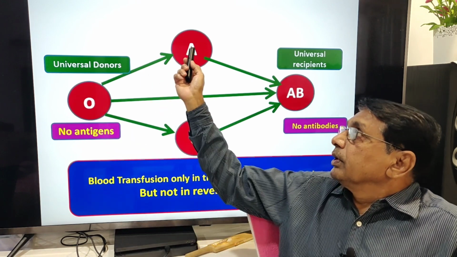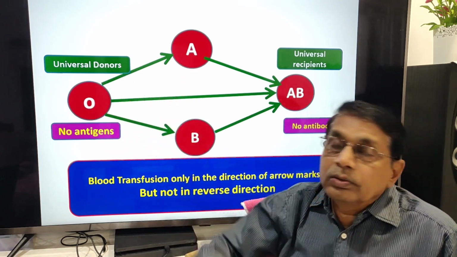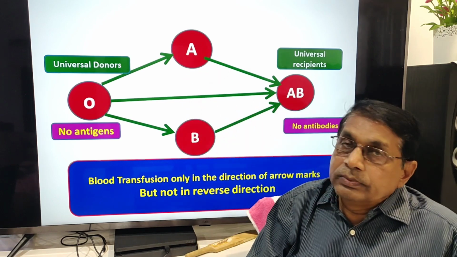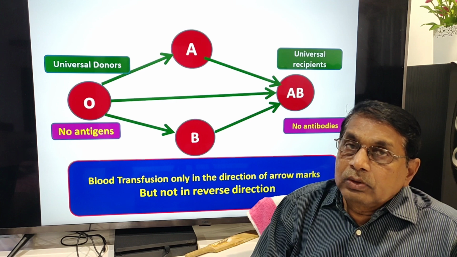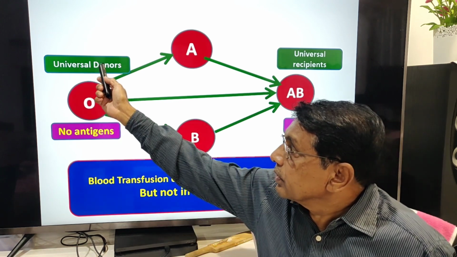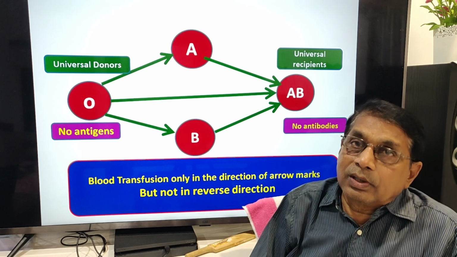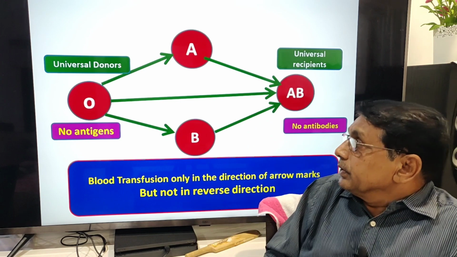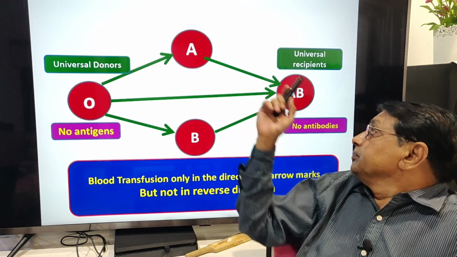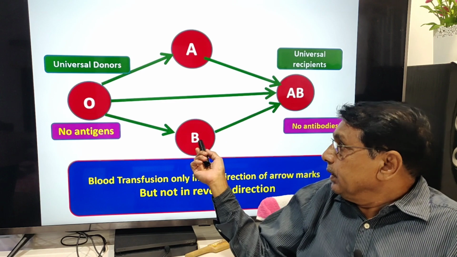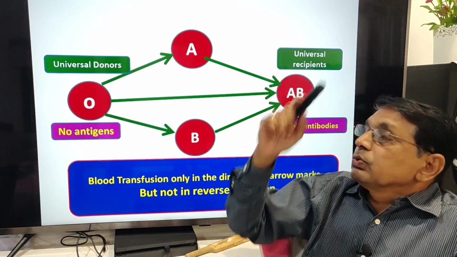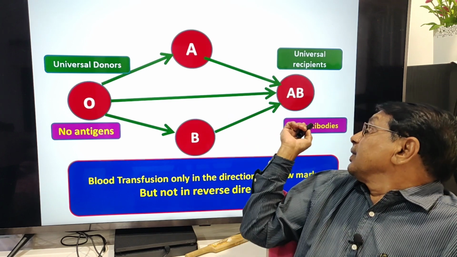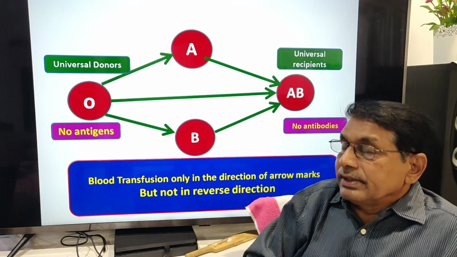O group can give to his own blood group O, and to A group, B group, AB group. So he is known as a universal donor. Whereas AB blood group people, you can see, can receive blood from A, B, O, and their own blood group AB, or from all people.